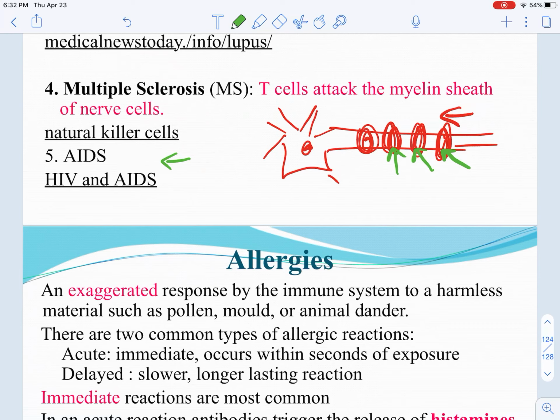The last one mentioned here is AIDS, and that is where a virus actually affects your immune cells.